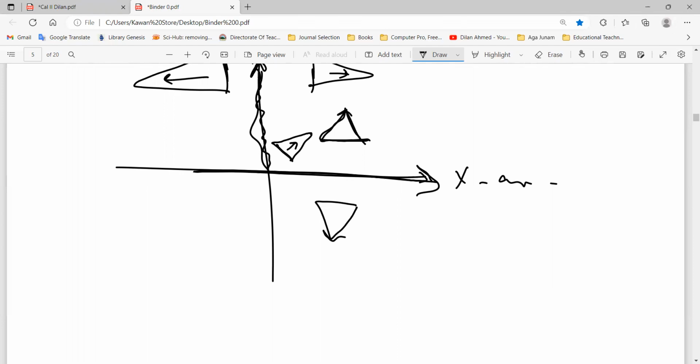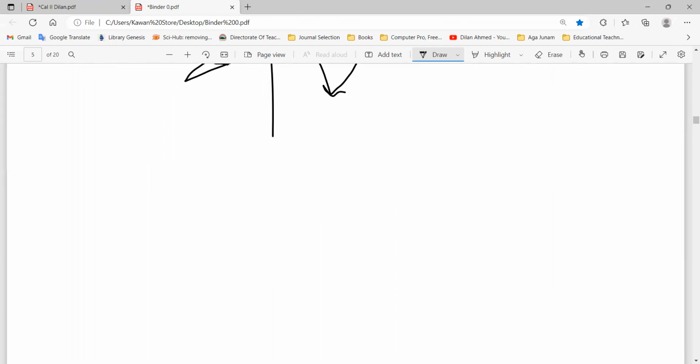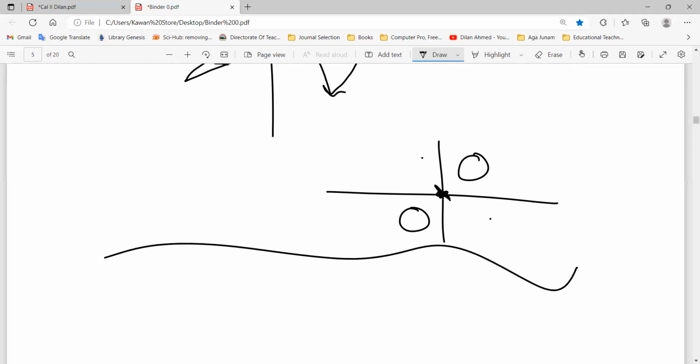In that case, the image is like that. If I have something here, instead of here or there, I have something there. This means the origin is the mirror, or the symmetry is about the origin.